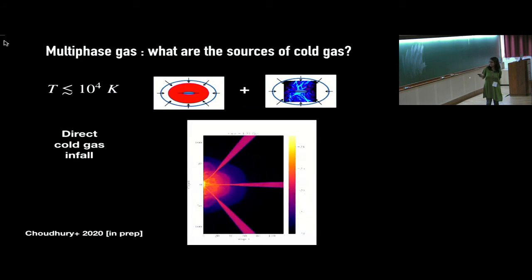It shows that large-scale filaments, if you remember the large-scale universe picture, there are knots and there are filaments. So I initialize with a small, tiny gaseous unit here and dense filaments here, and this keeps fueling the central region.